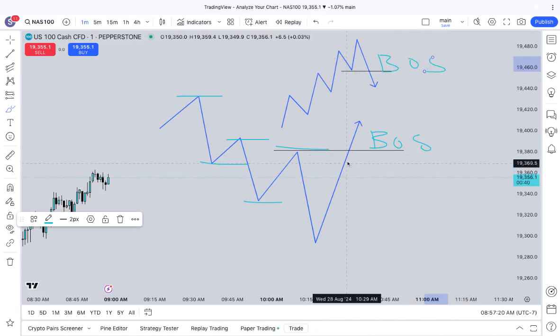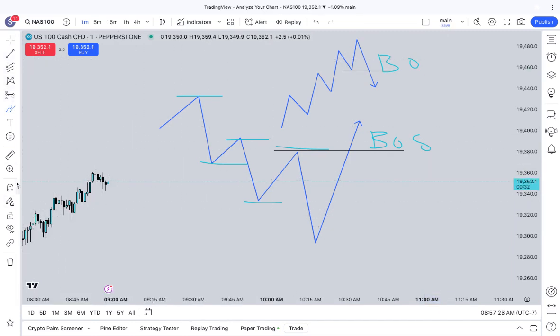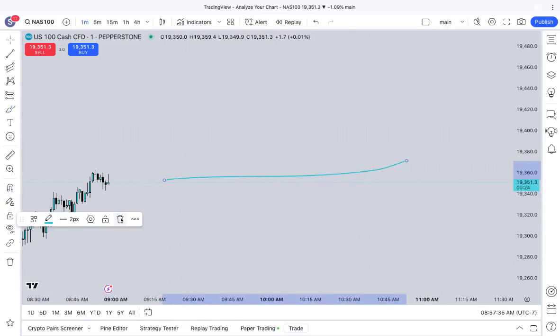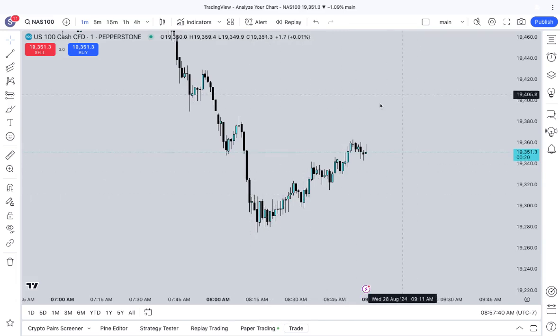All right, and something I want you guys to know is, let me explain a little bit of how these trades go and work, because you obviously can't go onto the chart and be like, okay, we have a break of structure, let's enter.